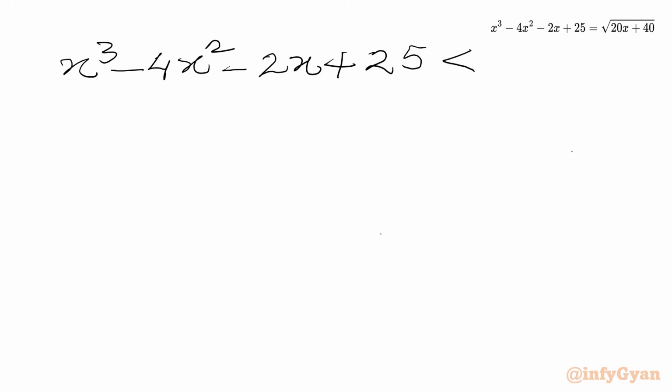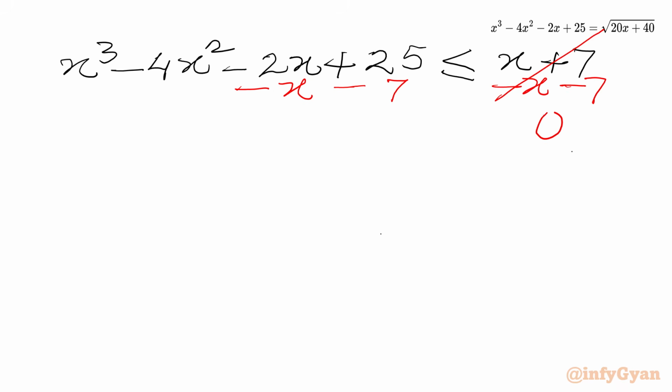This should be less than or equal to x plus 7. Now we will subtract x and subtract 7 from both sides. So I will write here minus x minus 7 on both sides.